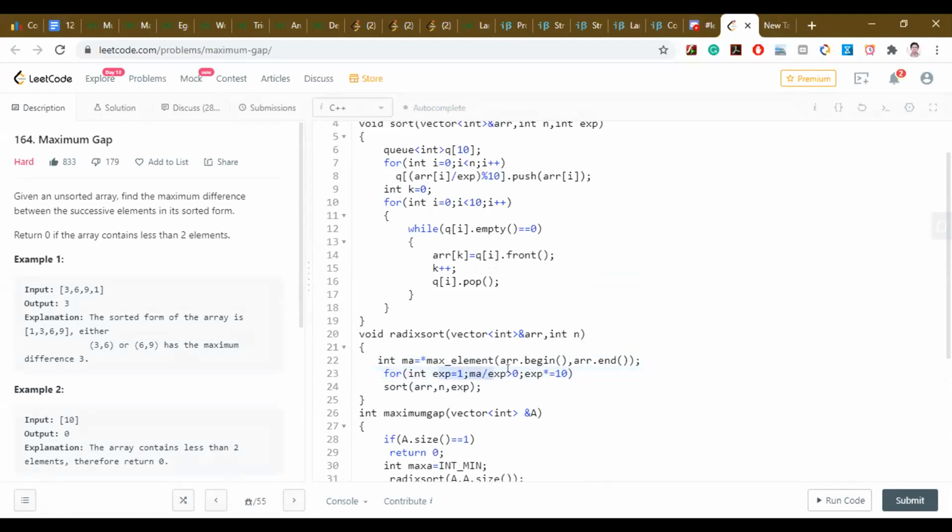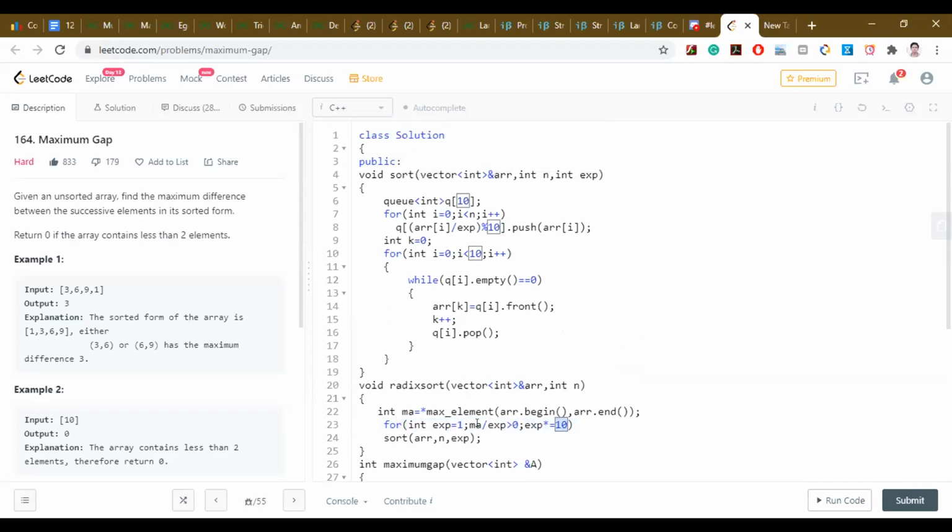I will do this till the maximum element divided by this exponent is greater than 0, and I'm multiplying it by 10 every time. So I'm passing it to this function.